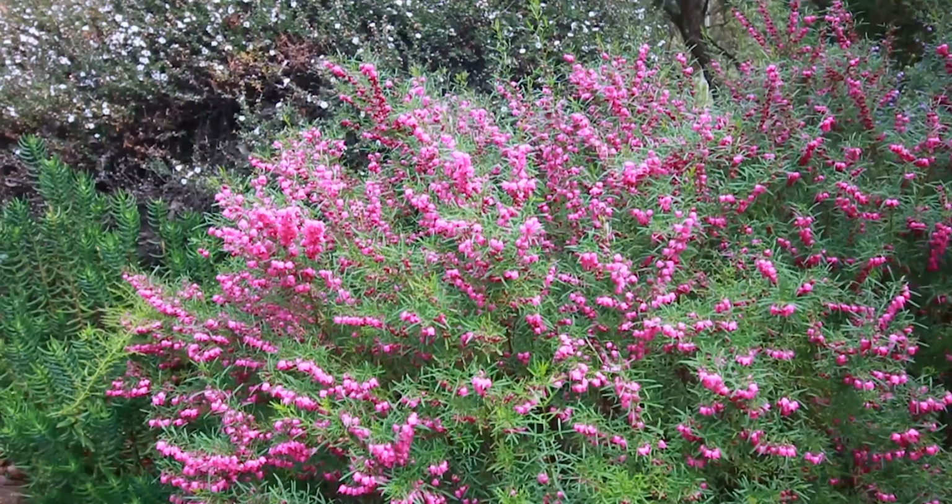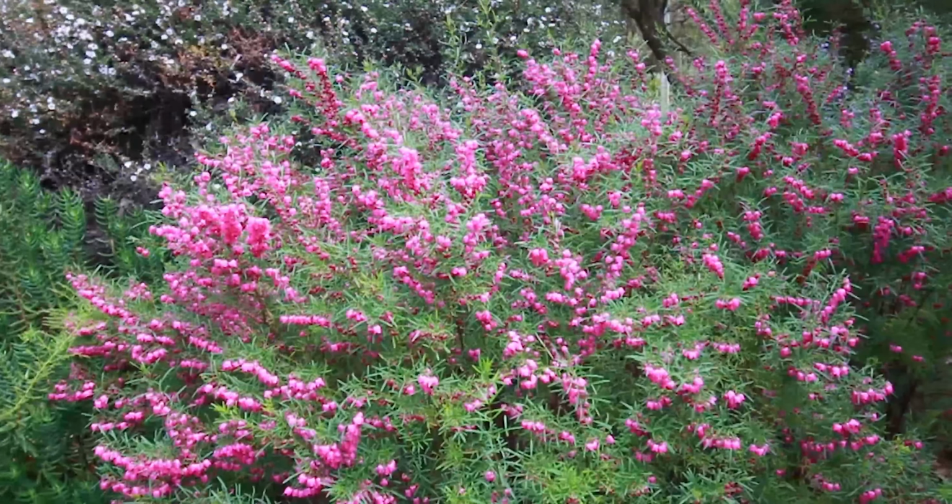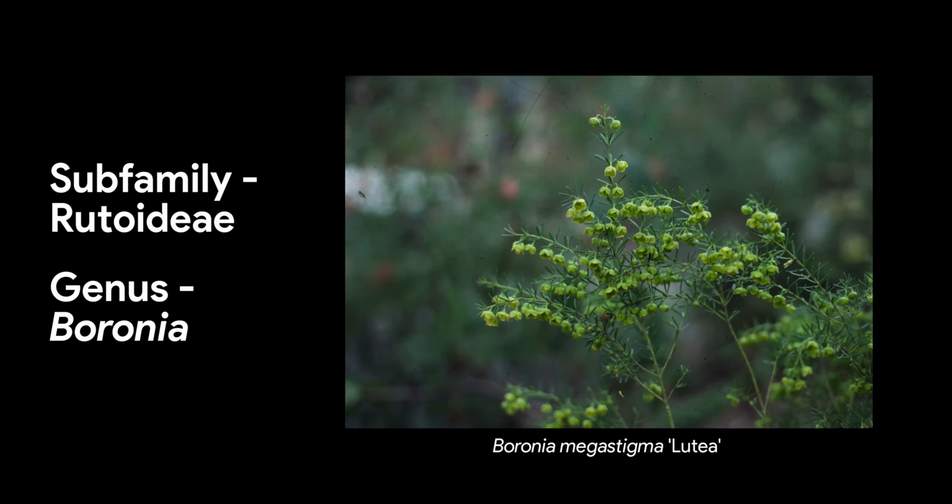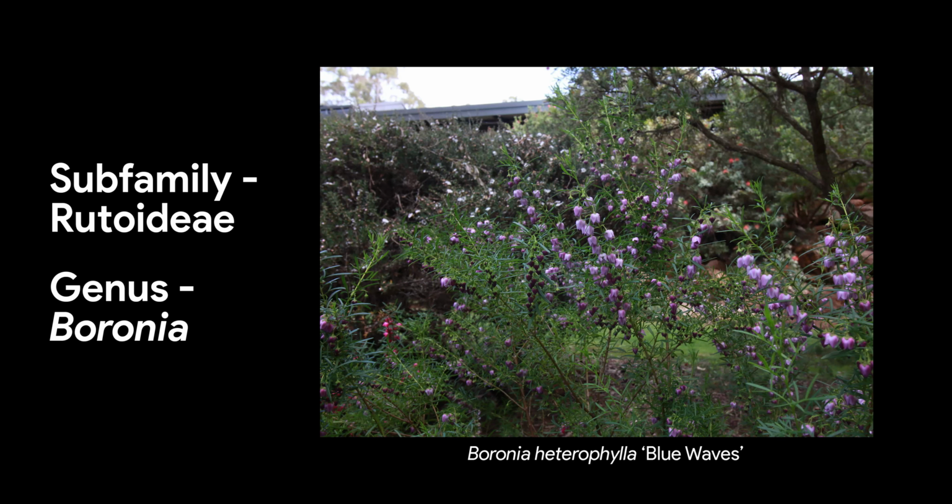Boronia is a genus of around 160 species, mostly shrubs and native to Australia primarily and New Caledonia. Boronias are cultivated as cut flowers, a source of oil for perfumery, and as ornamental plants.